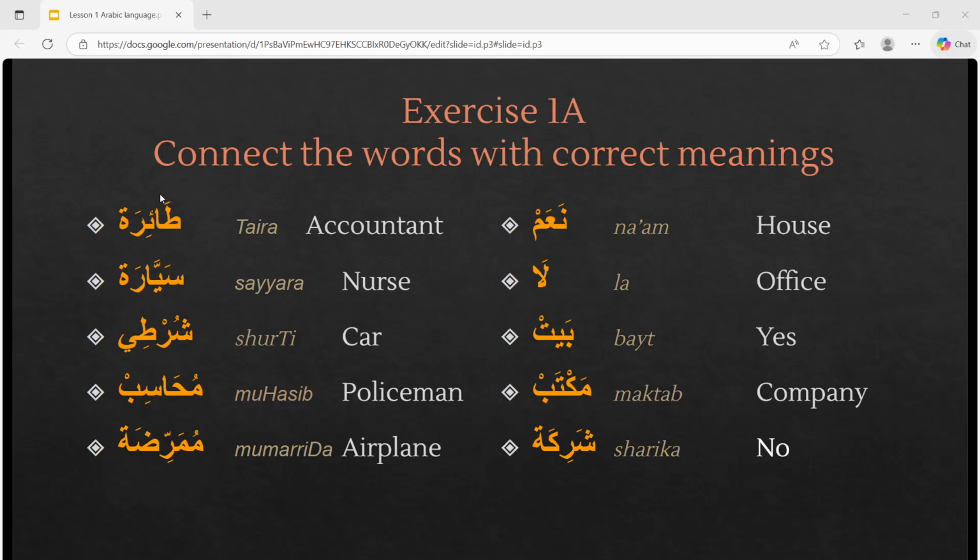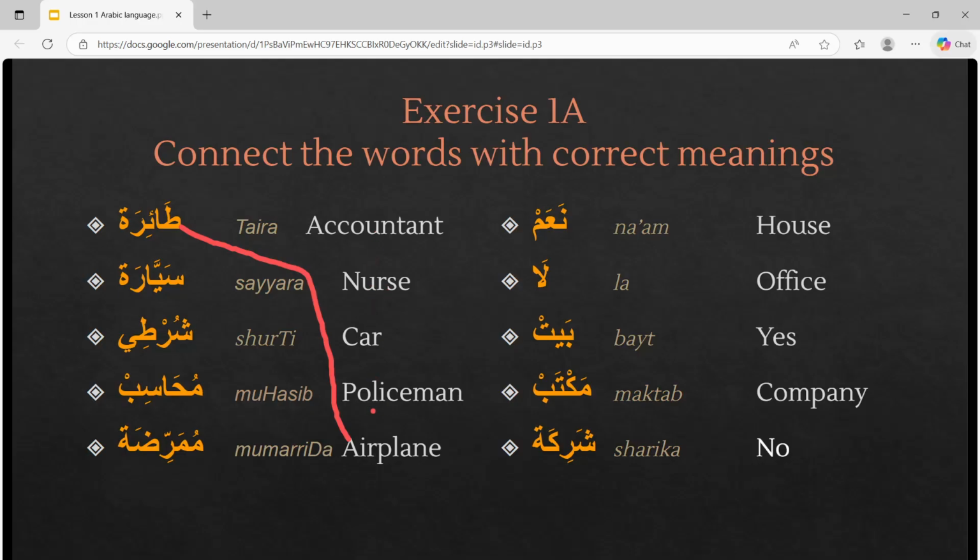All right, so these are the Arabic words starting from here. طائرة. What's the meaning? Among these 5 options, what does طائرة mean? Is it an accountant, nurse, car, policeman, airplane? طائرة is an airplane. I can get my pen here so we can connect. سيارة. What do you think سيارة is?